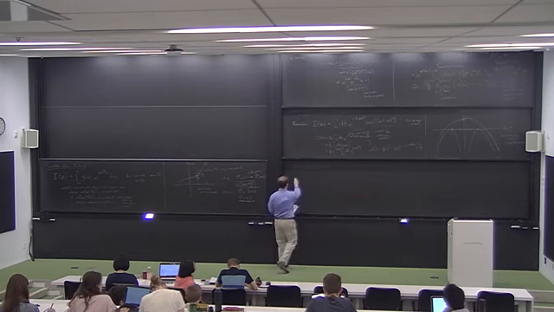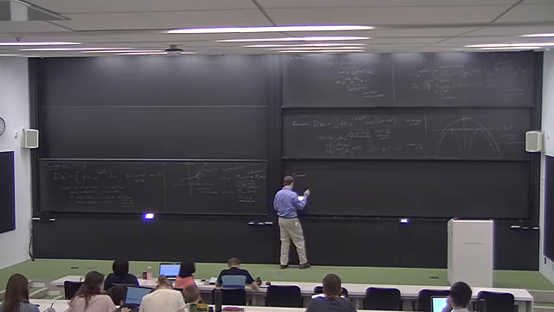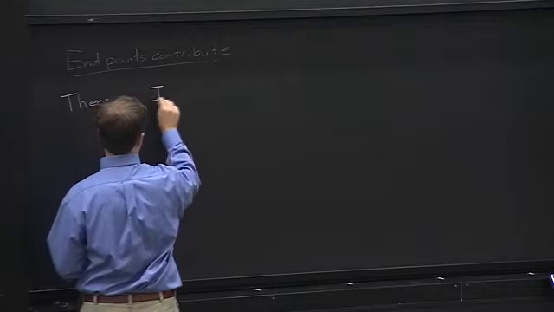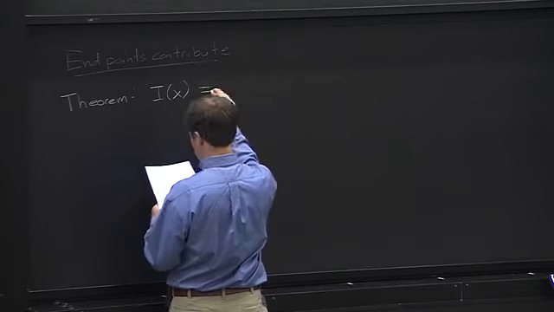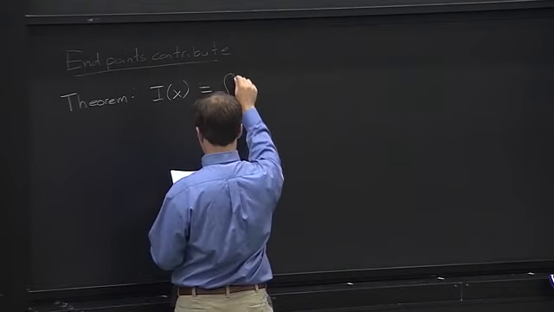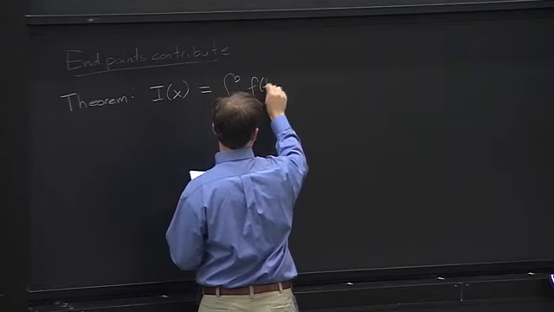And there's a theorem that tells us what the contribution of the endpoints is. So the theorem is we have an integral of this form, a real integral, basically a real version of the integral we had before.